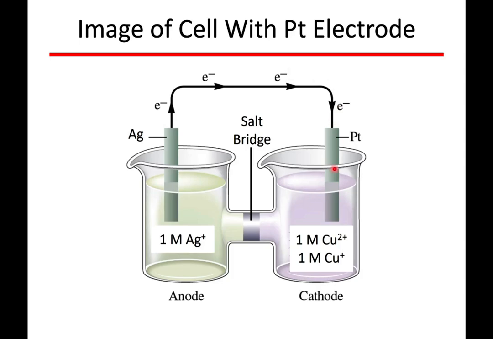But you have to have some electrical contact, right? There has to be some place for the electrons to contact your solution of copper 2+ and copper+. And so that's what this bar of platinum represents here. The platinum is not taking part in the reaction. It's just allowing the reaction to happen by providing electrical contact.